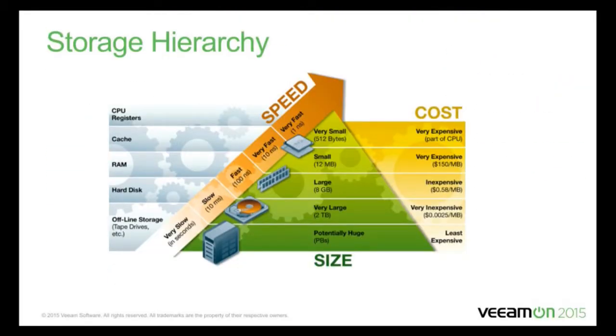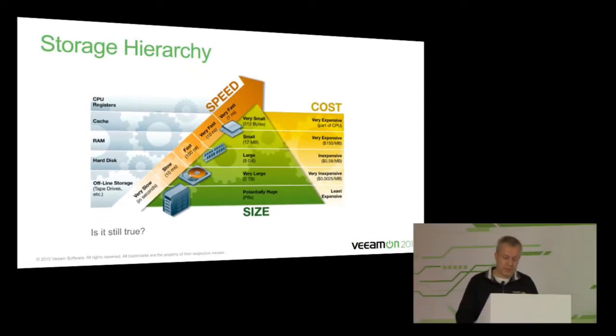From the storage side, probably most of you know this pyramid of different types of storage. The main question is if this pyramid is still true, because maybe the sizes are not completely true.